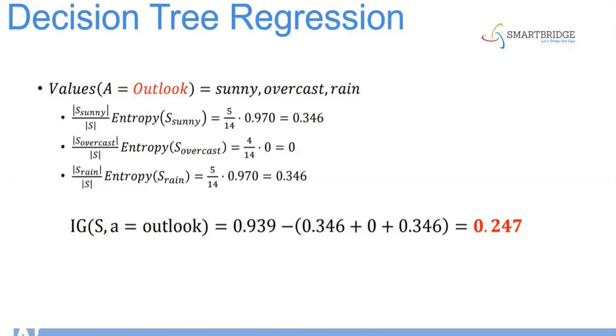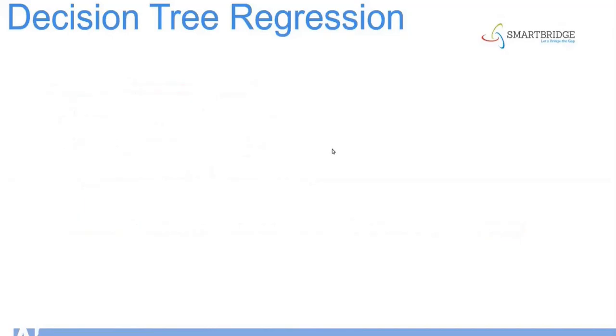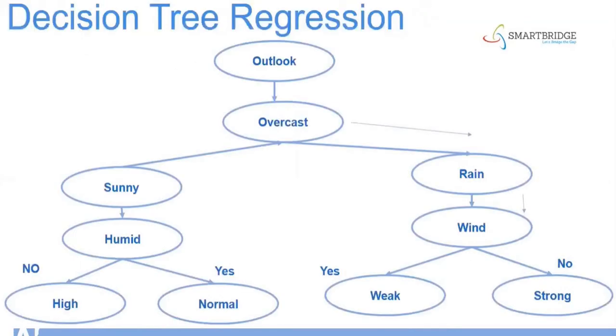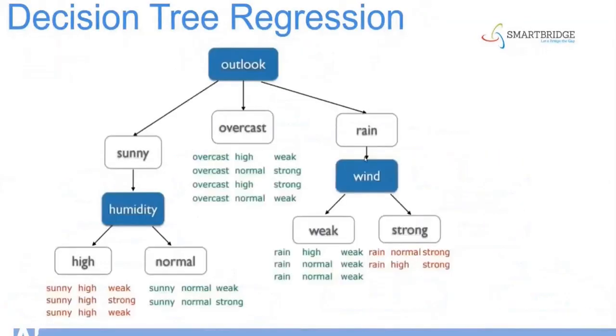So whichever attribute has the highest information gain is to be considered as the first term to split. That's the reason we first used Outlook to divide the data set.